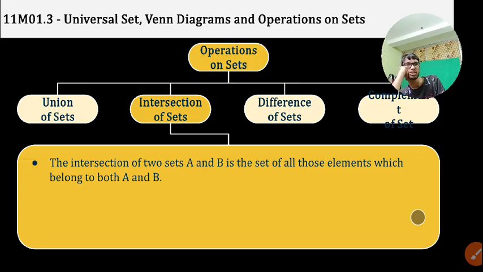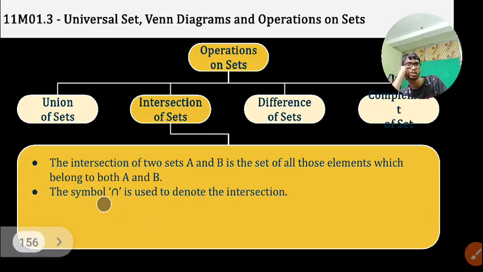If this is happening, then this type of set will be the intersection of sets. This symbol is used to represent intersection, which means common elements.